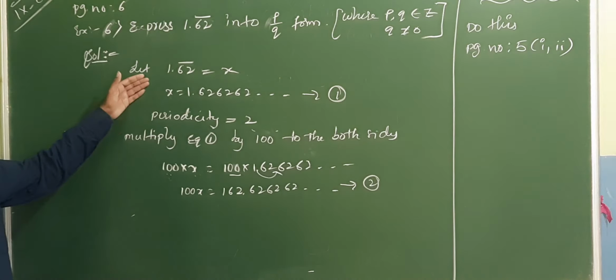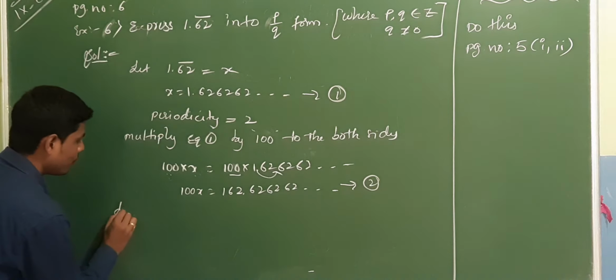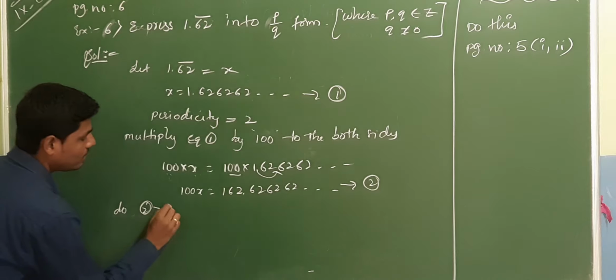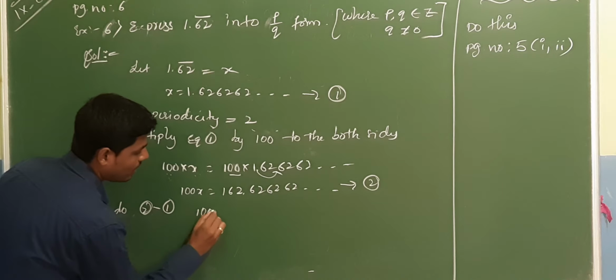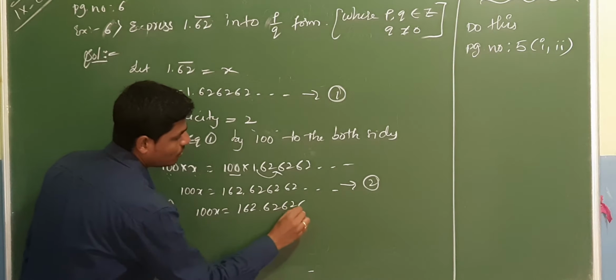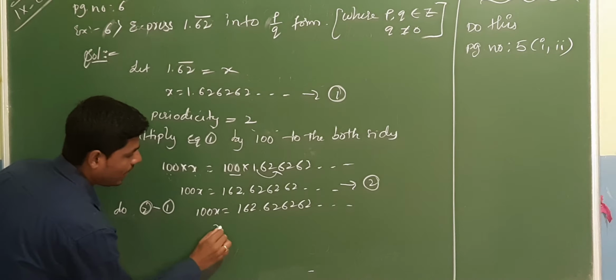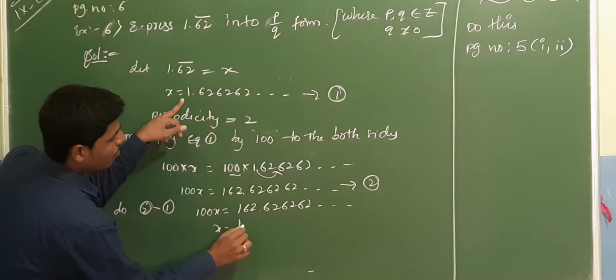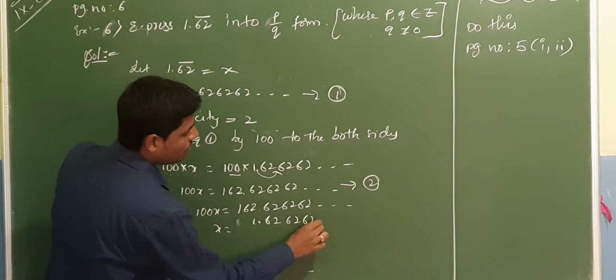Now we have equation number 1 and equation number 2. Here do equation number 2 minus equation number 1. Equation number 2 is 100x is equal to 162.626262 and so on. Equation number 1 is x is equal to 1.626262 and so on.